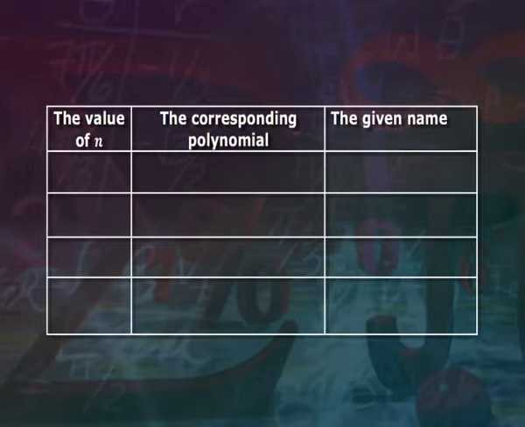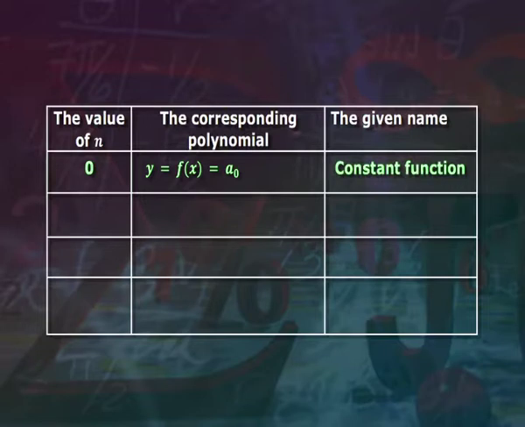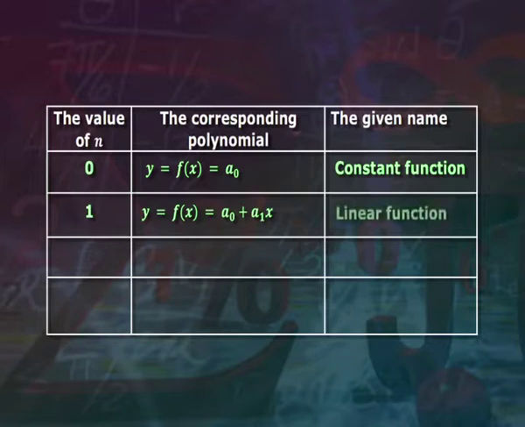We have different values of n and the corresponding formula and then the name. For n equal to 0, we have y equal to f(x) equal to a0, which is called a constant function. For n equal to 1, we have y equal to f(x) equal to a0 plus a1 x, which is called a linear function.